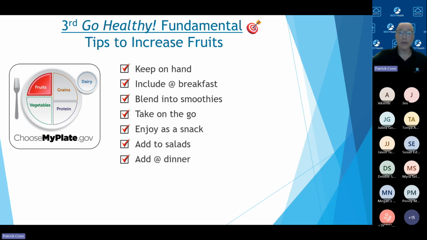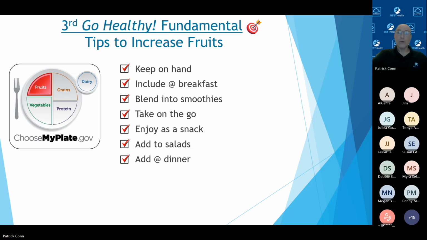You can take it on the go, and you also can enjoy it as a snack, which I think is very good. That would be a great replacement for those potato chips or that candy bar or something like that. Also, you can add fruit to salads, which I love. And then lastly, you can have fruit at dinner. So again, these are just some basic tips on how to increase your fruits.